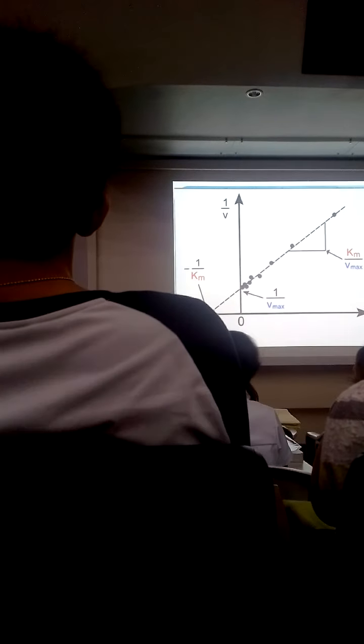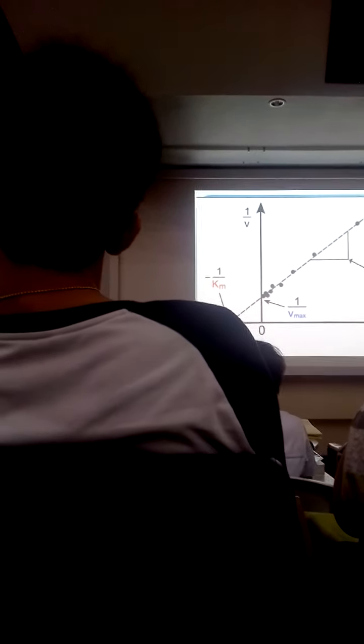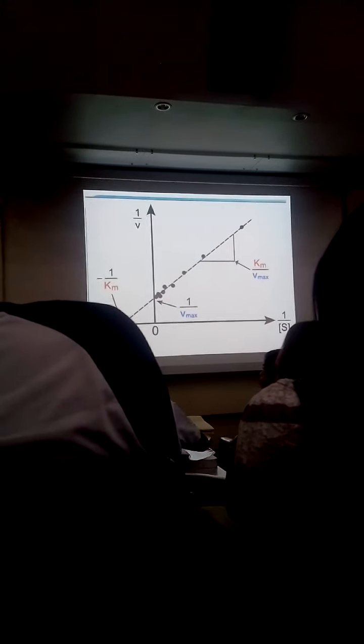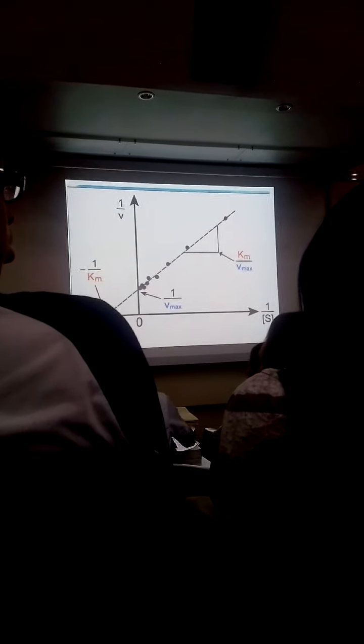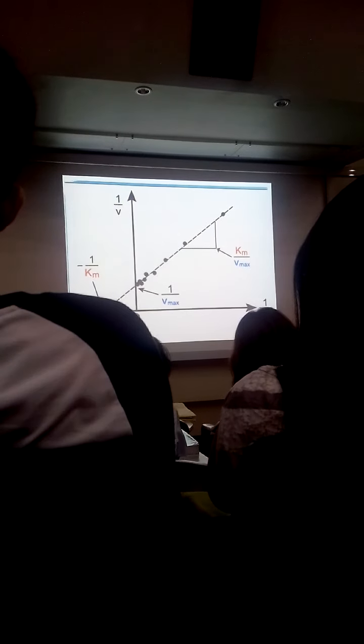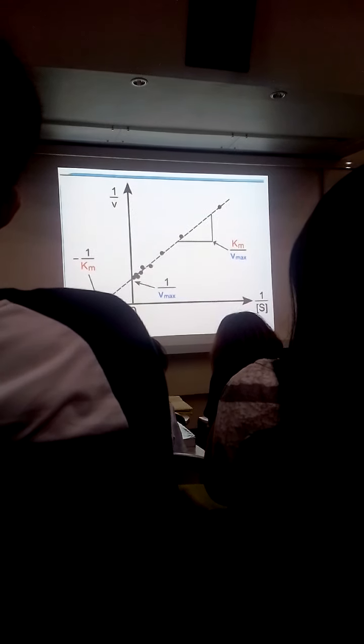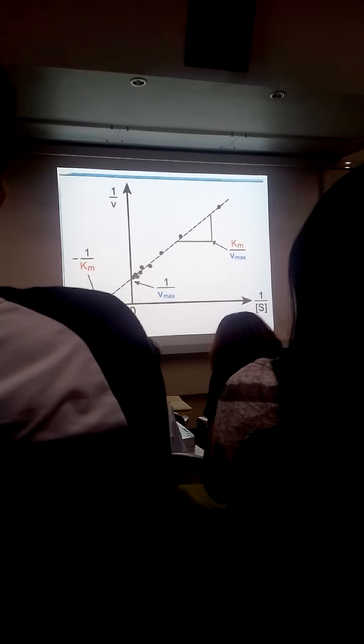I think the Km will be decreased as well as the Vmax, because what's unique about the uncompetitive is that, as was mentioned, it acts like a non-competitive inhibitor and it binds to the enzyme-substrate complex.